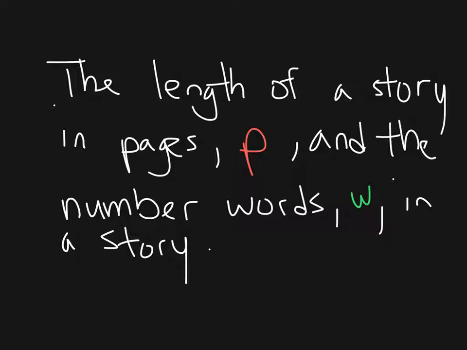In this case here, the number of pages you have affects the amount of words you have. So that's the way this works. So P is going to be the independent variable, and W is going to be the dependent variable, because the amount of words is determined by the amount of pages.